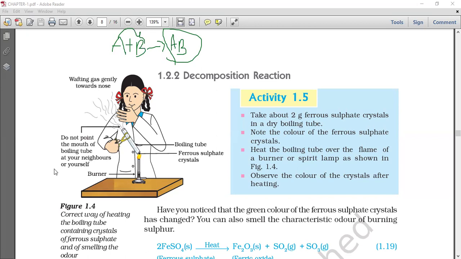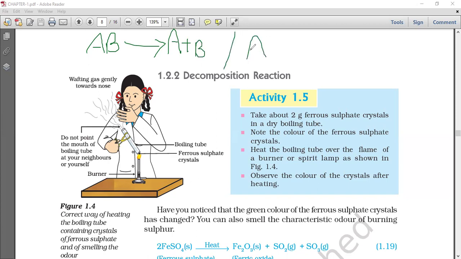Now decomposition reaction. Decompose means divide, right? Reverse of the first one. AB, this is a hint for you. AB gives rise to A plus B, reverse of the first reaction, combination.